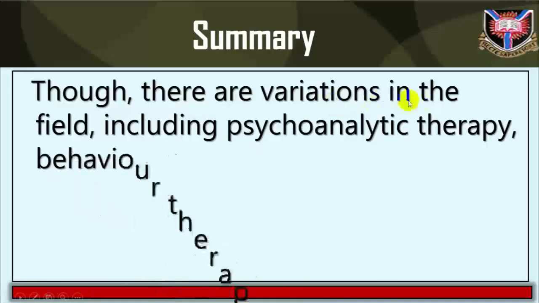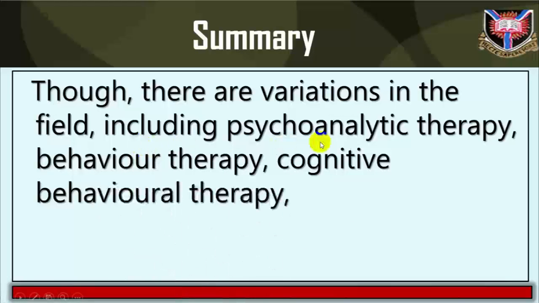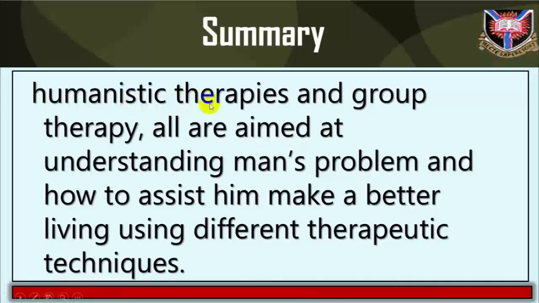Though there are variations in the field, including psychoanalytic therapy, behavioral therapy, cognitive behavioral therapy, humanistic therapy, and group therapy, all are aimed at understanding man's problem and how to assist him to make a better living using different therapeutic techniques.